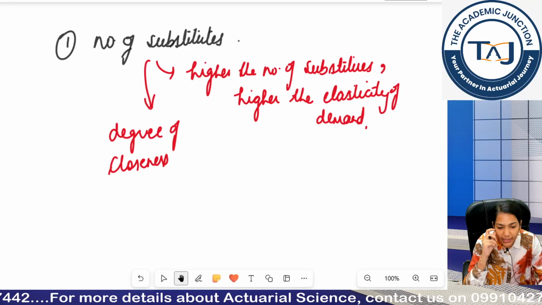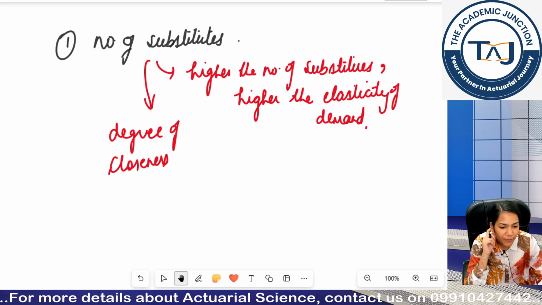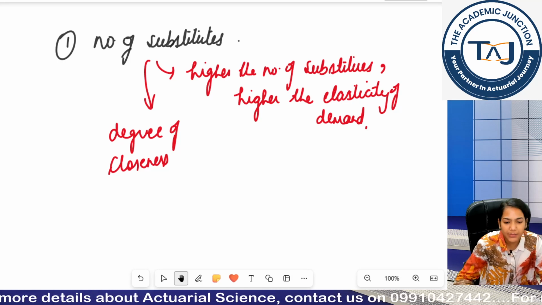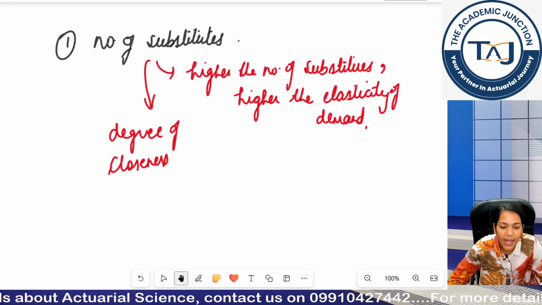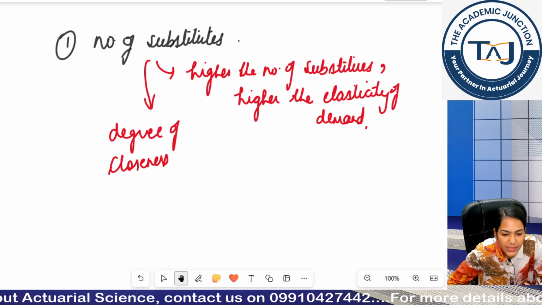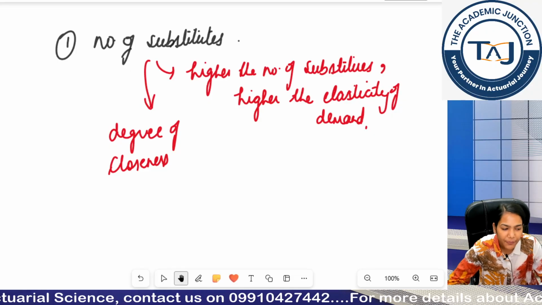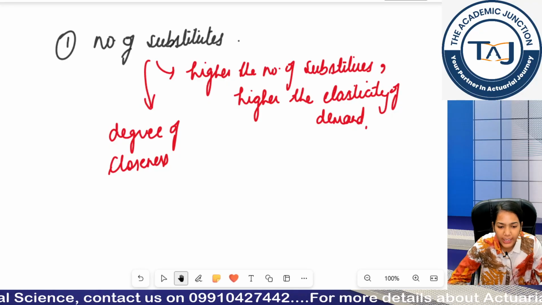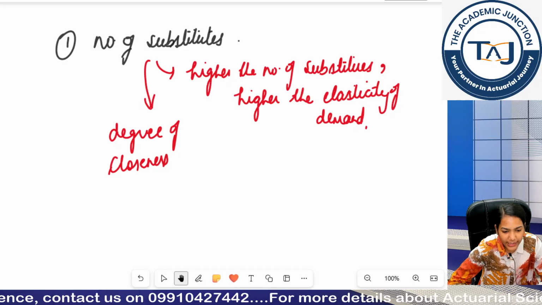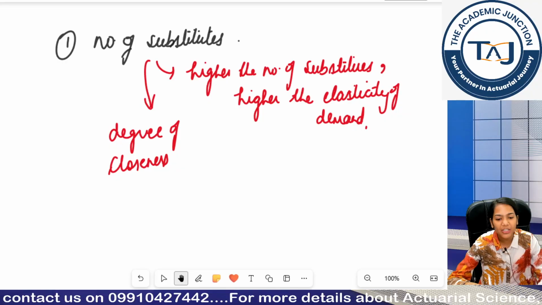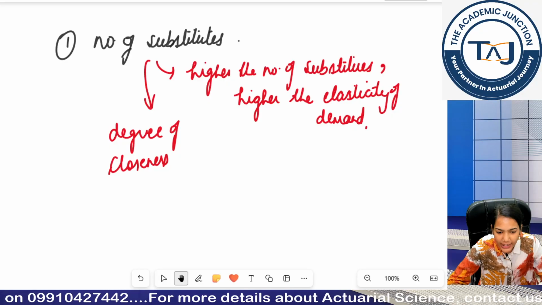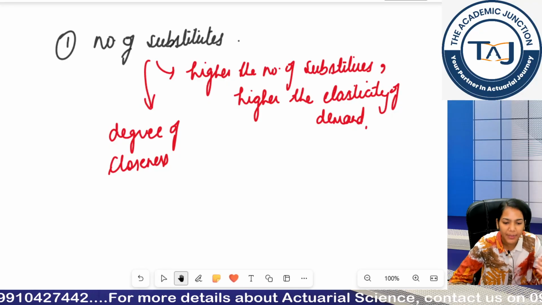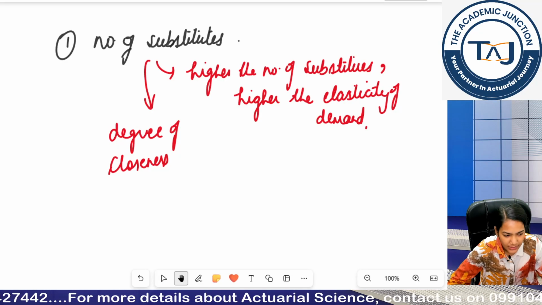I may ponder whether to go for a car or a bus, because maybe a car is a luxury and a bus is not so luxurious, so the degree of closeness is not that much. But if I have to choose between walking and cycling, they may be called much closer substitutes. So choosing between walking and cycling is an easier task than choosing between a car and a bus, right?